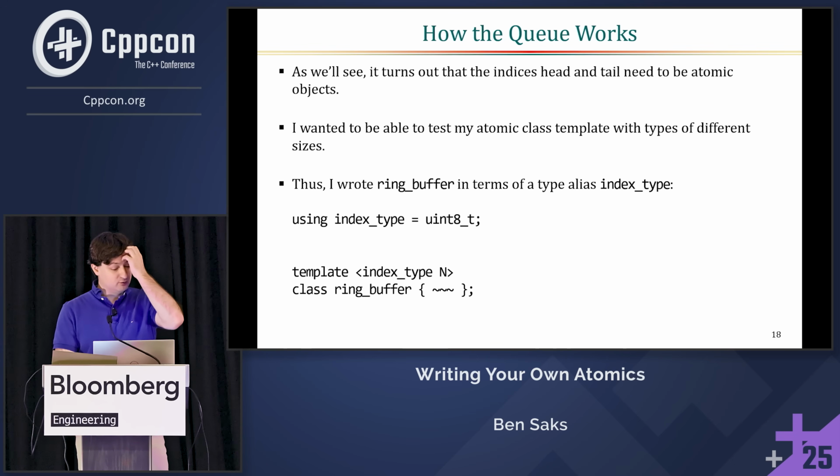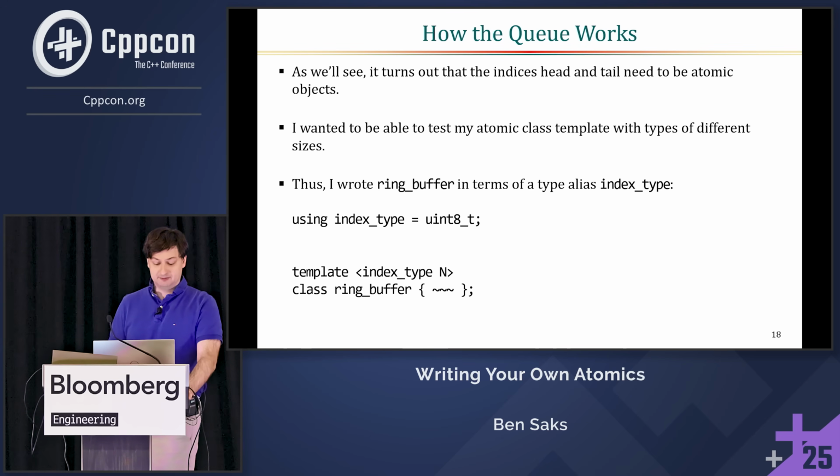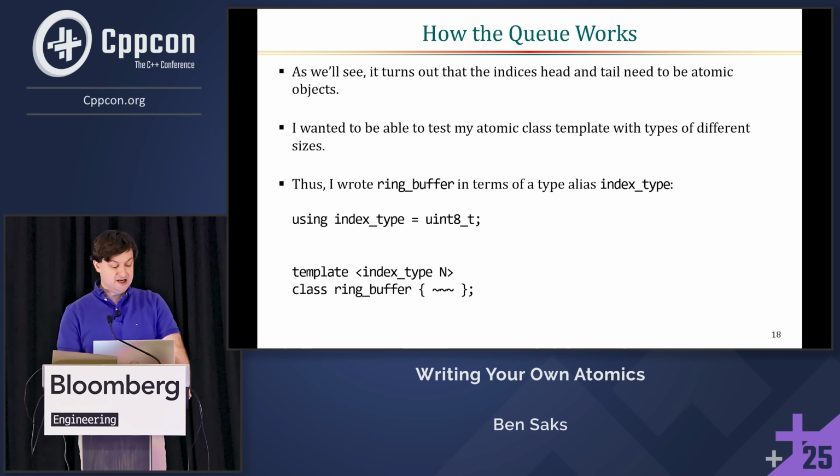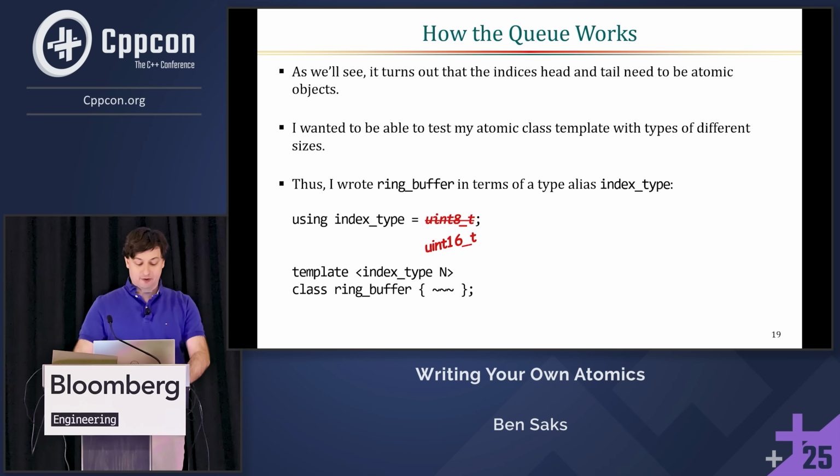So I wrote my ring buffer in terms of this index type alias. Here I'm showing it as a uint8_t, but it could just as easily be a uint16_t. And I've tested this code with both versions.